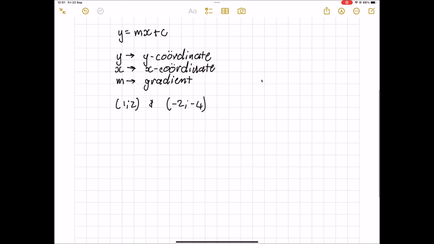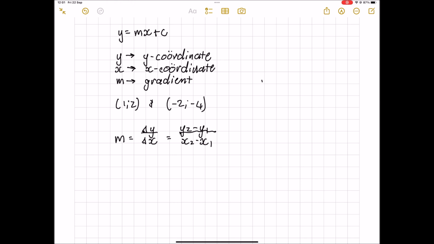To find the gradient, the equation for it is the change in y over the change in x, which you can also say as y subscript 2 minus y subscript 1, same with the x's. So it doesn't matter which point you use as number 2 or which point you use as 1.